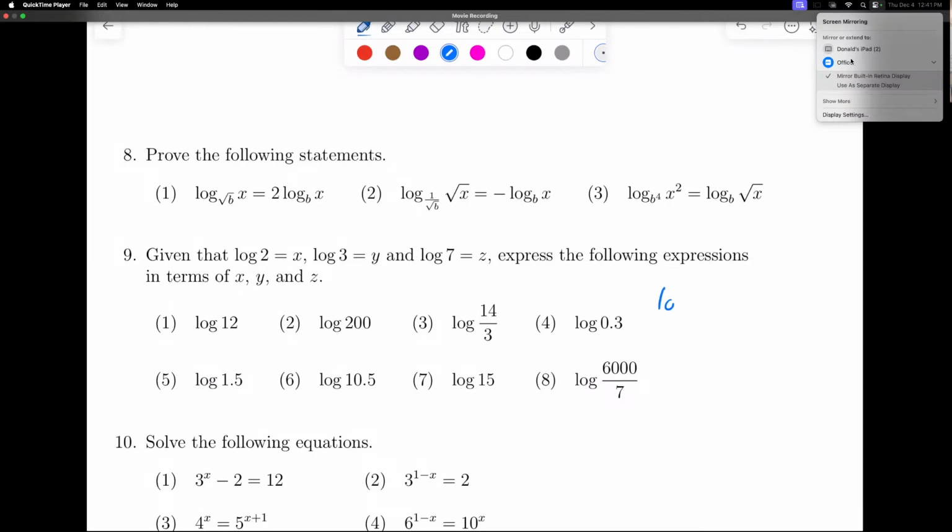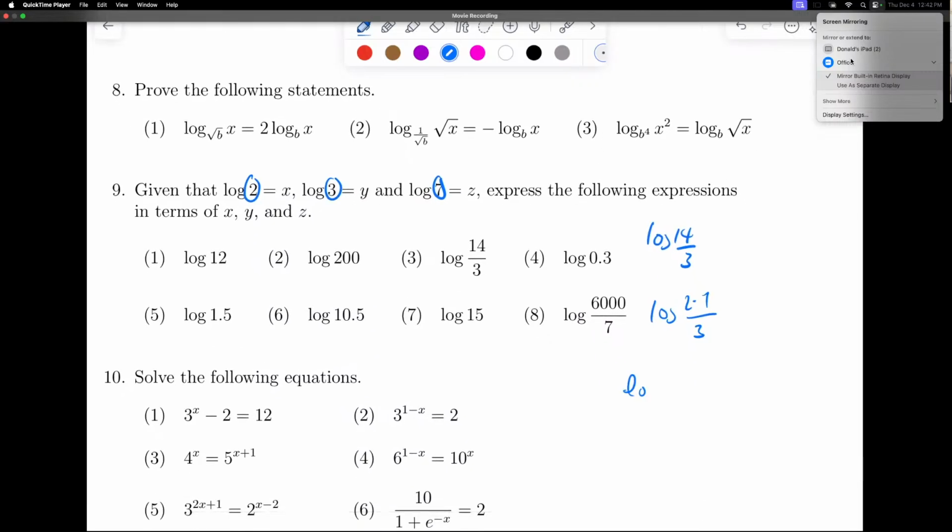9.3 is gonna be log of 14 over 3. And obviously we only have 2, 3, and 7. Actually, we have one more number we can work with. It's actually 10. But you don't see it because the base is 10. However, this one is not as bad as you think because obviously 2 times 7 is 14. So I can rewrite it as 2 times 7 over 3 like this.